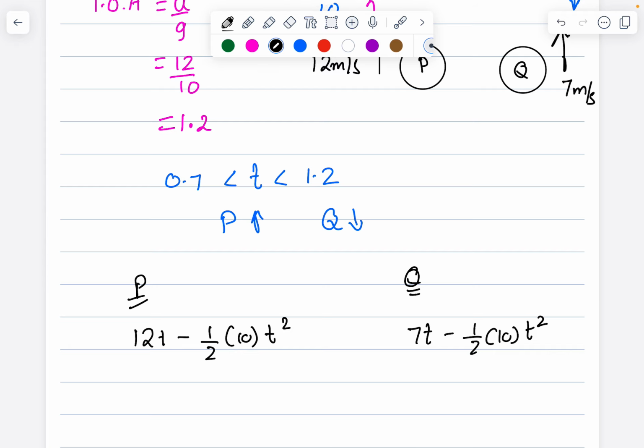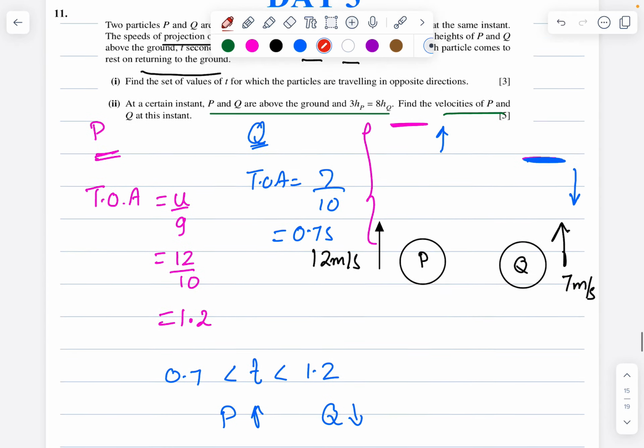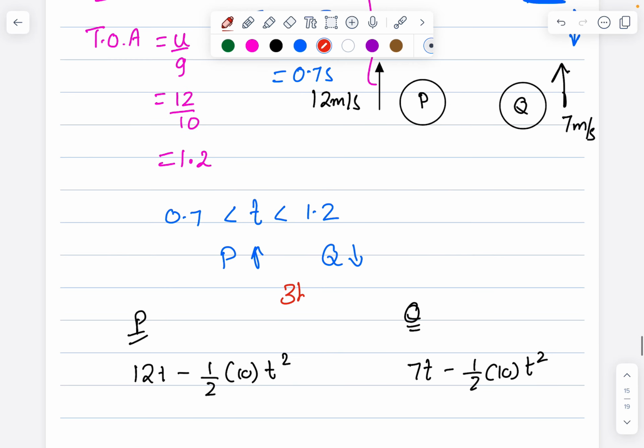Now, it has been told that 3hp equals 8hq, where this is hp and this is hq.